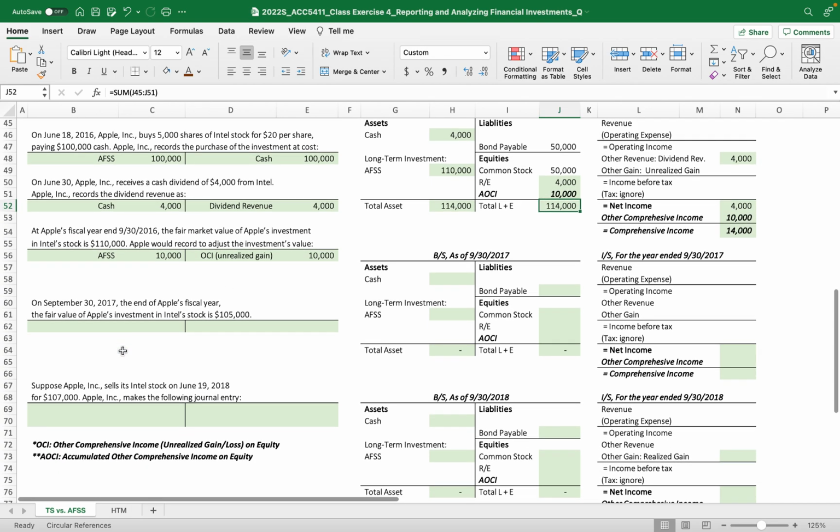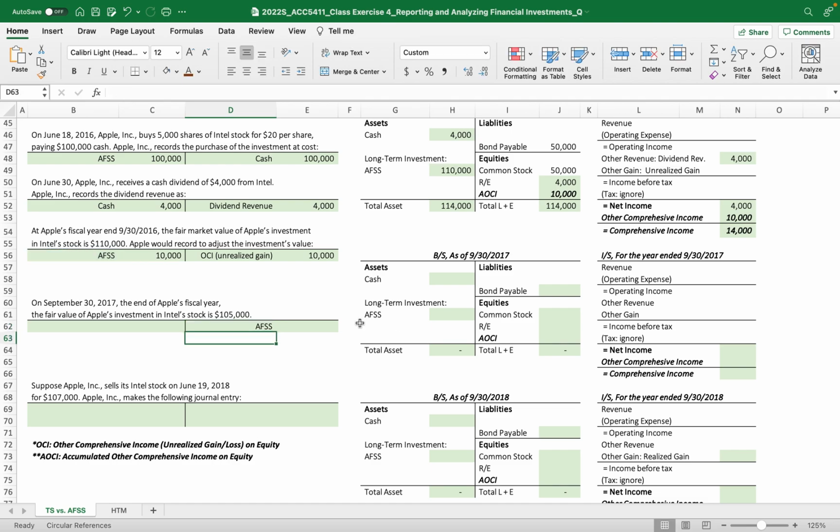September 30, 2017, at the end of the fiscal year end, the fair value of Apple's investment in Intel's stock is now $105,000. Exactly same way. How do we reduce? Based on the fair value option, right? AFS. Here, how much do you want to reduce? 5,000, right?